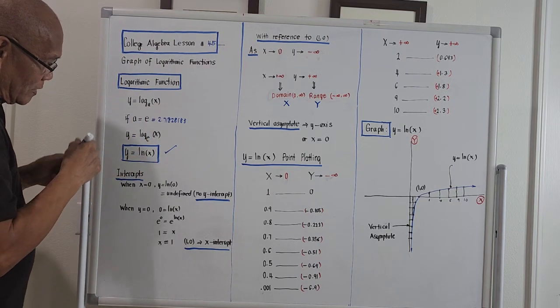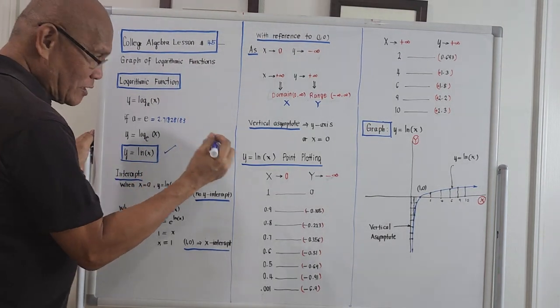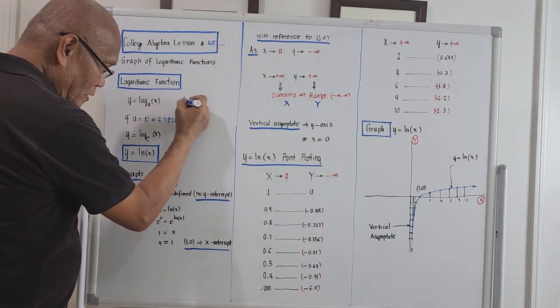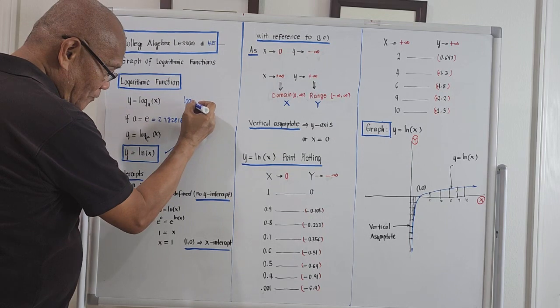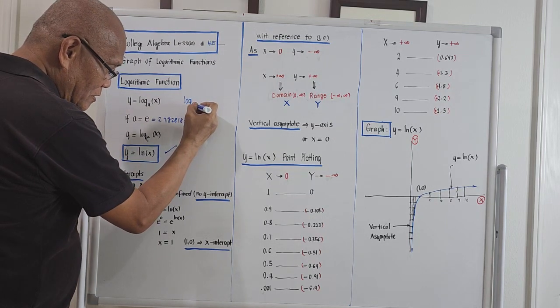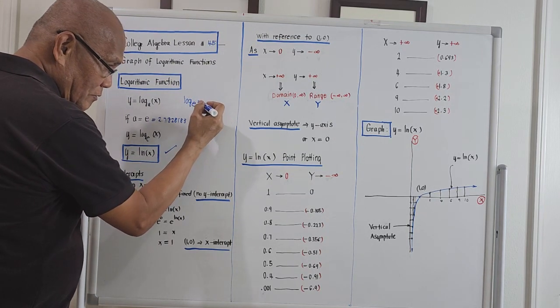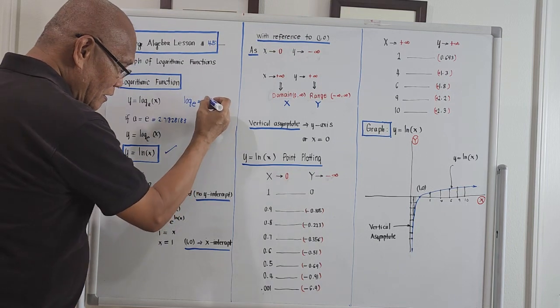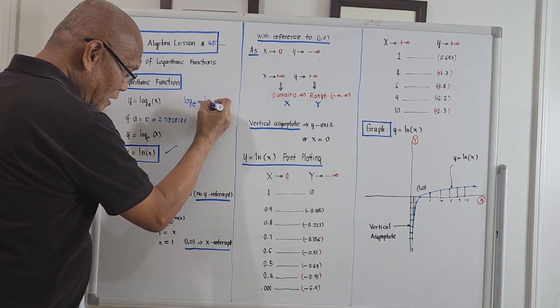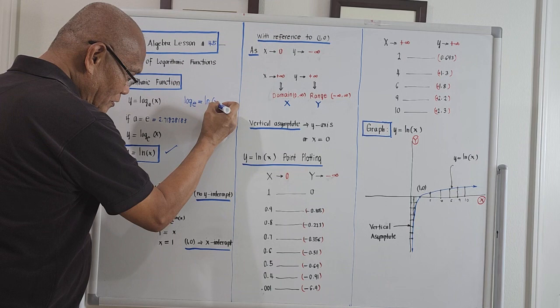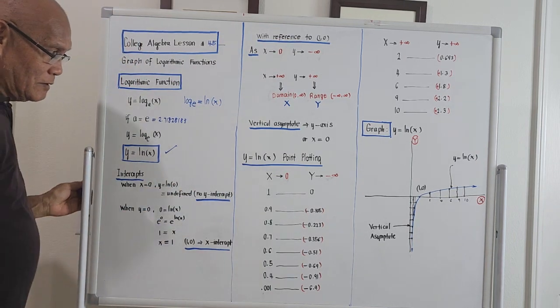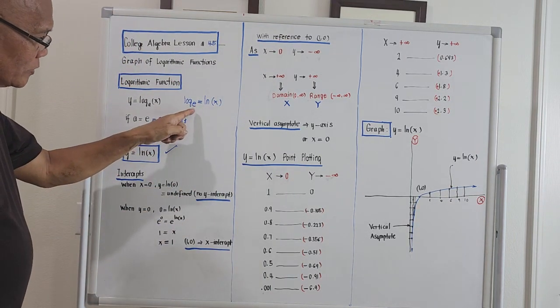But under the study of natural logarithm, if the base is e, to simplify writing, it is just simply written as the natural logarithm of quantity x. We don't write anymore the e.